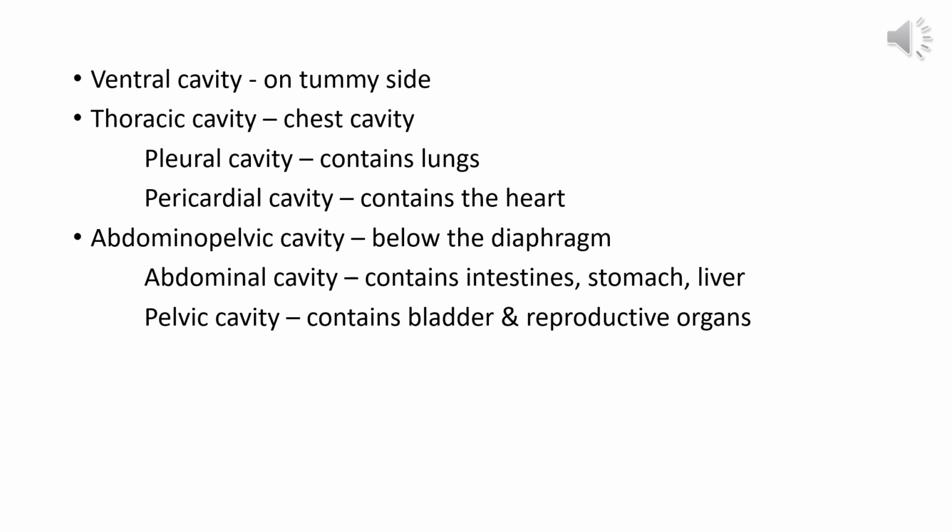The pelvic cavity is going to be kind of below the layer of the hips. It is going to contain the bladder and some reproductive organs. Yes, I know some of the boy parts are actually outside the pelvic cavity, and some of the girl parts may even be in the abdominal cavity, but for the most part, we're going to say that the reproductive organs are in the pelvic cavity.